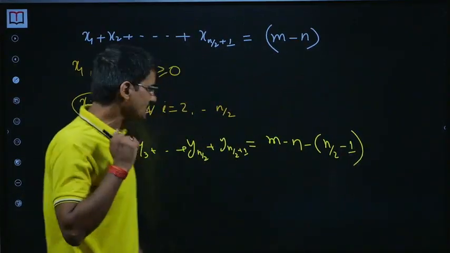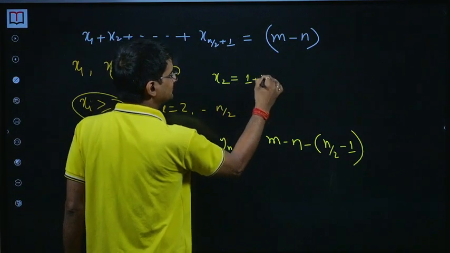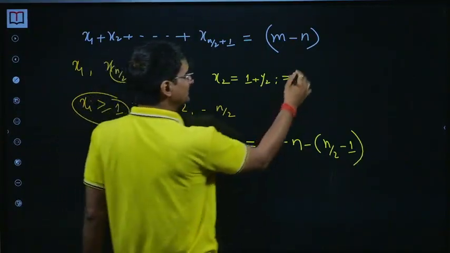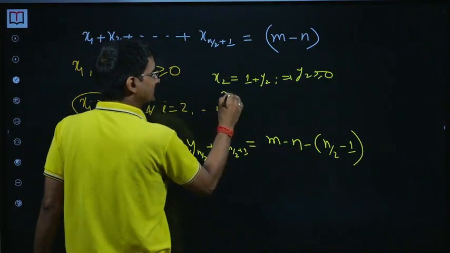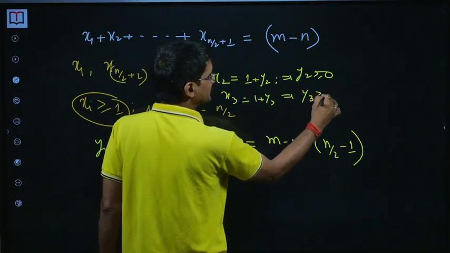Why? See, what I am going to do is, I will say let x2 be 1 plus y2. So in that case, since x2 starts with 1, y2 will start with 0. Similarly, x3 is 1 plus y3. So y3 starts with 0.